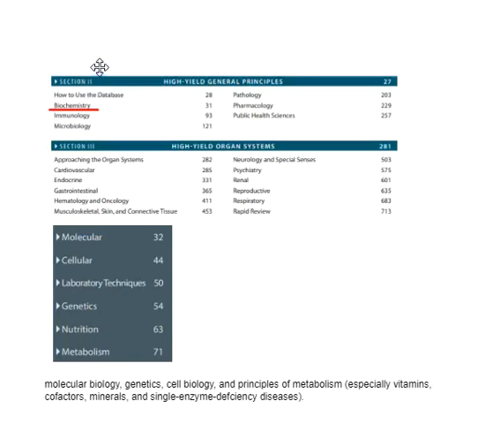Hey everyone, today we will talk about molecular biology, which is one of the topics of biochemistry in USMLE.